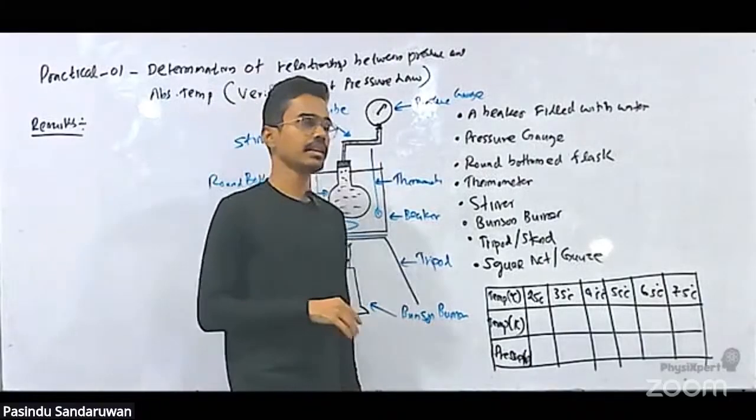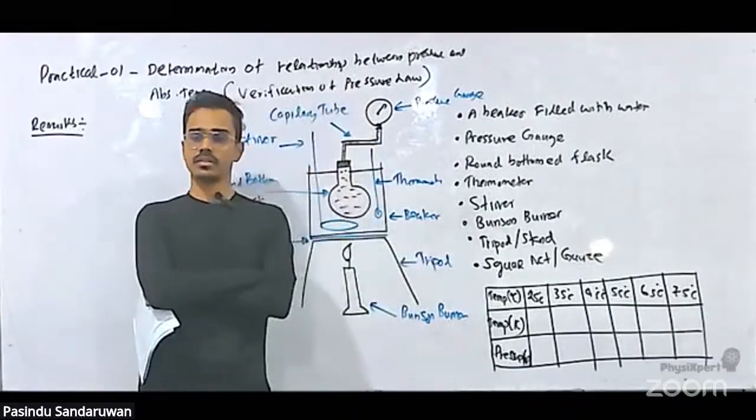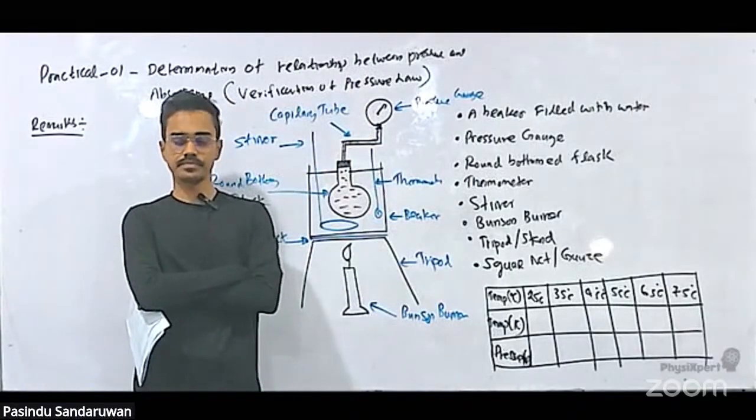Above the expected temperature, 2 degrees Celsius above the expected temperature.